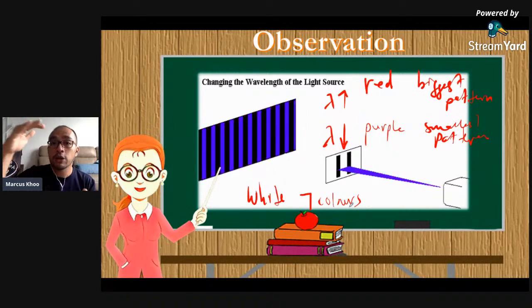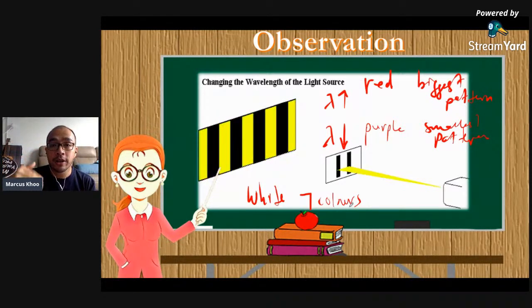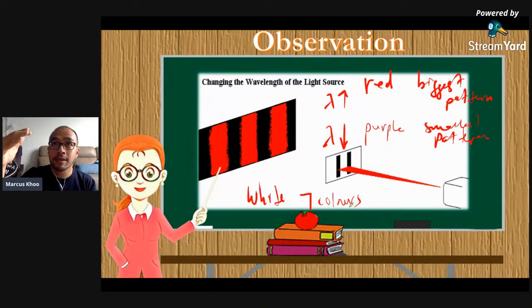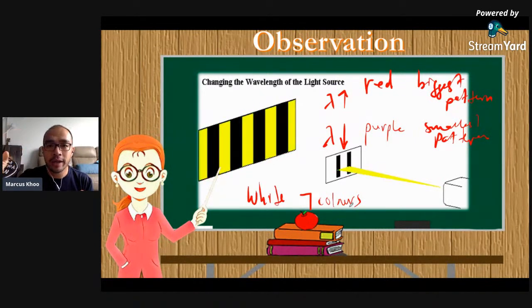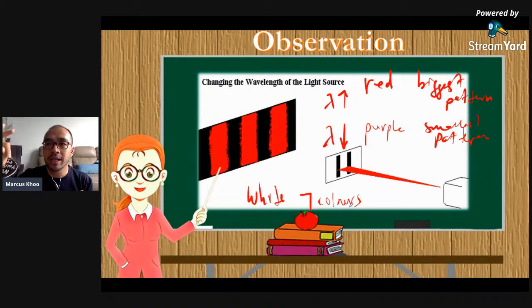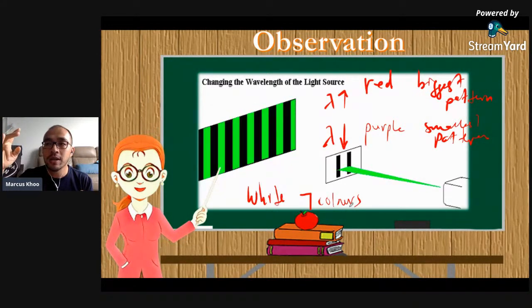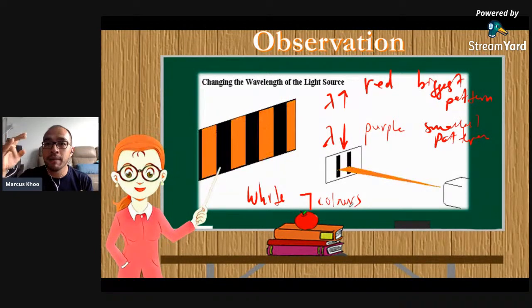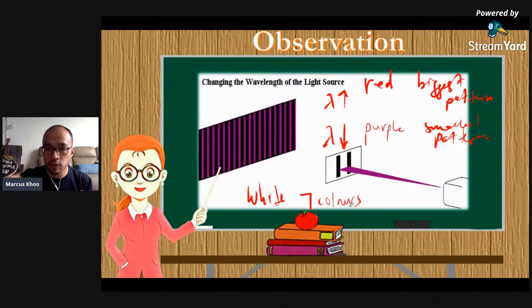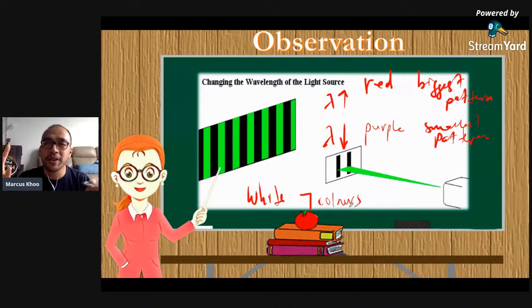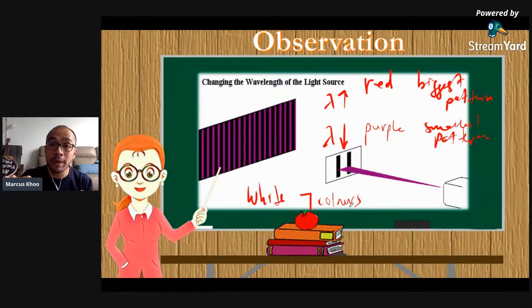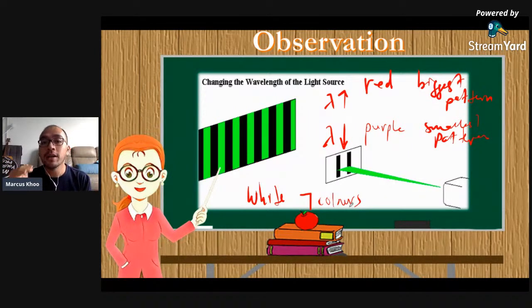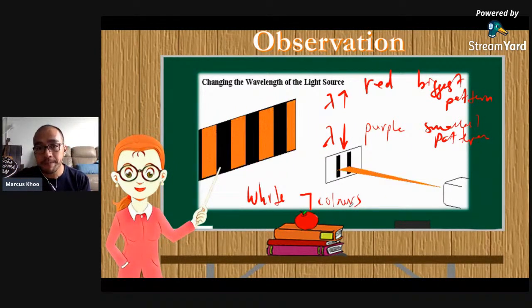And following the colors of the rainbow, sorry, I remember it in Malay. It's "Michael Jackson kena hantar balik India Utara." So merah, jingga, kuning, hijau, biru, indigo, and ungu. Yeah, I know, sorry. Red has the biggest wavelength, and ungu, because it's the last color in the rainbow, has the smallest wavelength.